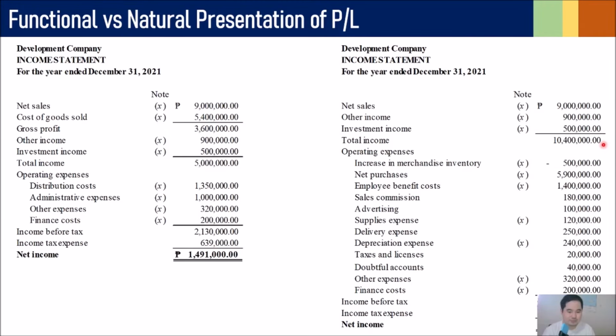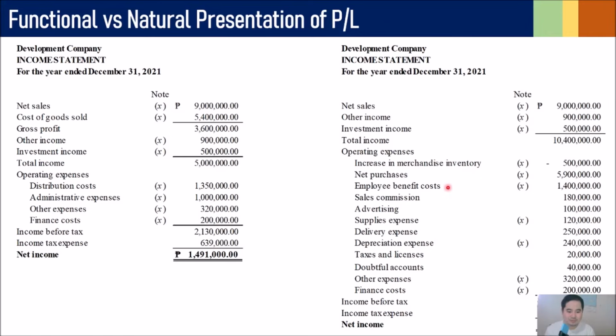So, magkakaroon po ng konting total income as to presentation lang naman, no? Ng functional or natural. So, pag tinignan nyo na po yung operating expenses nyo, asahan nyo na by nature na siya. Depreciation ba siya? Siya ba ay office supplies? Siya ba ay employee benefits? Pero kung titignan nyo yung notes, isa-isa dyan sa loob, yung depreciation na to, magkasama dyan yung depreciation mo sa store area, tsaka depreciation ng equipment mo sa office area. Okay?